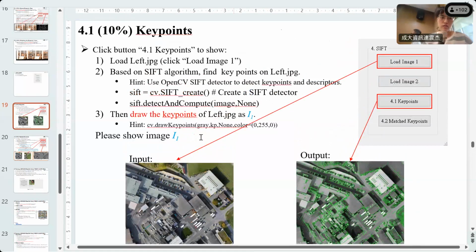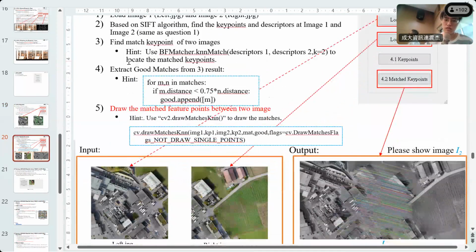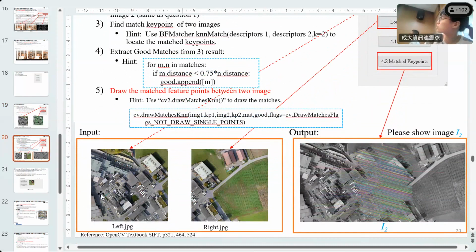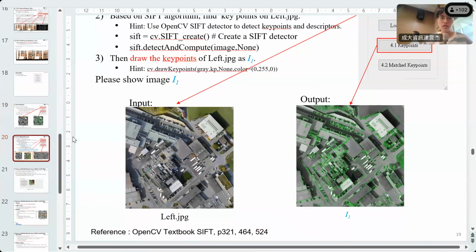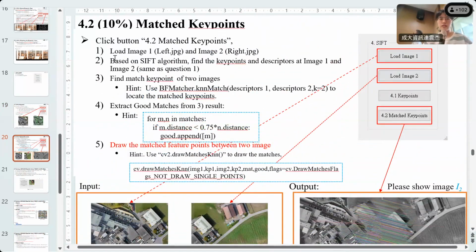So this is 4.1. And for 4.2, we need to match the key points. For 4.2, we need to load these two images and find the matching key points of the two images. The steps are like this.